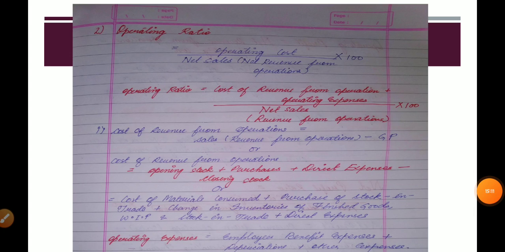Now, operating ratio. The operating ratio is that ratio which measures the proportion of an enterprise's cost of revenue from operation and operating expenses in comparison to revenue from operation. So, operating ratio is operating cost upon net sales into 100.